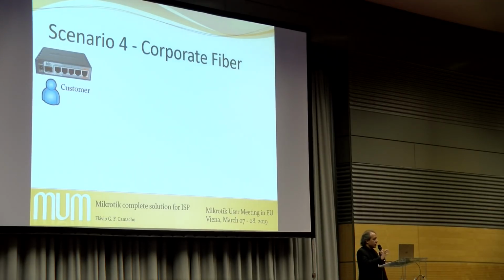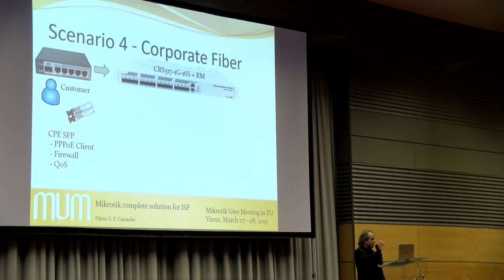And we have another scenario with corporate clients. It was the most important clients who pay more and need a different kind of service. These clients have a dedicated service. We have only a CPE in the customer who does PPPoE, firewall, QoS, and others, and one dedicated fiber directly from the customer to my switch in the POP.